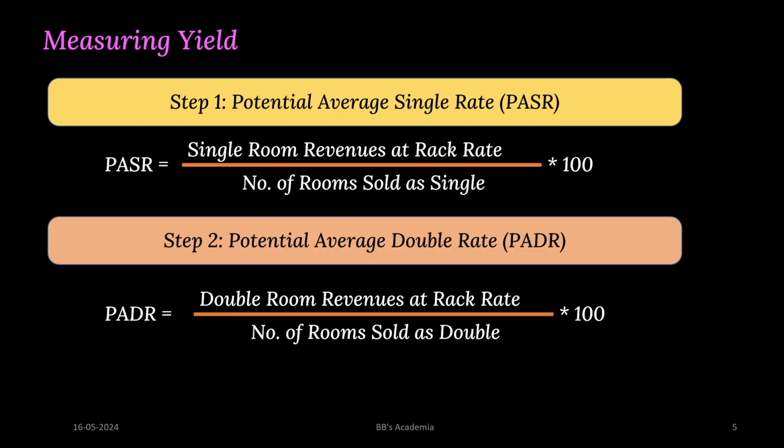Now in this case it is obviously double room revenues at rack rate divided by number of rooms sold as double multiplied by 100. And if you calculate, you get what? That is PADR. And PADR means potential average double rate. Fine? Fair enough to understand? Okay, let's go.